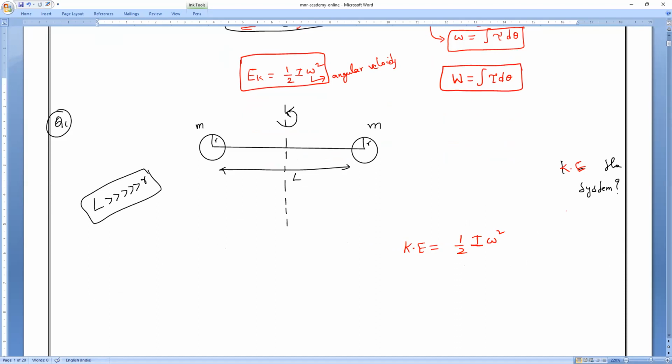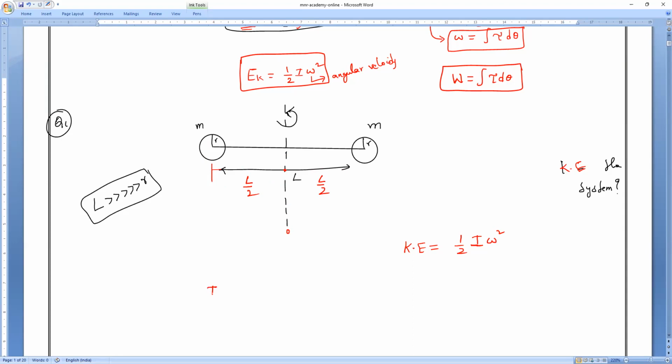Now observe very carefully, let us see what the moment of inertia is. The axis of rotation is passing through the middle. The total distance is L, and from here to the middle point it is 0, so this distance is L by 2, and this distance is also L by 2.